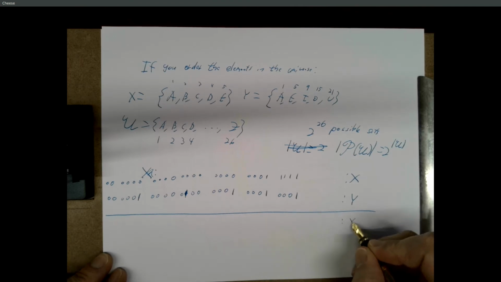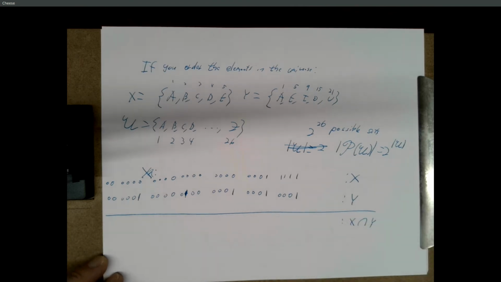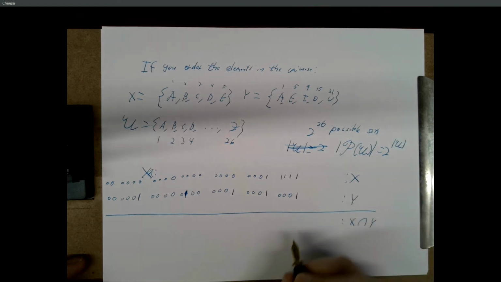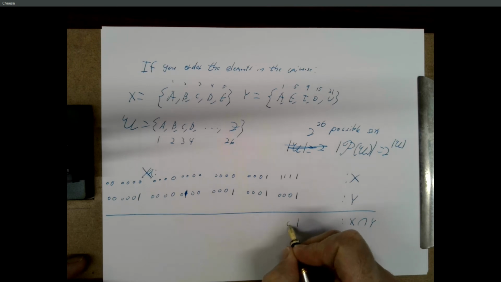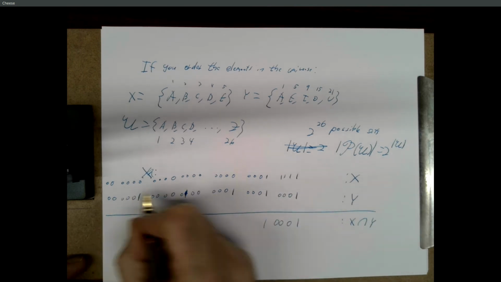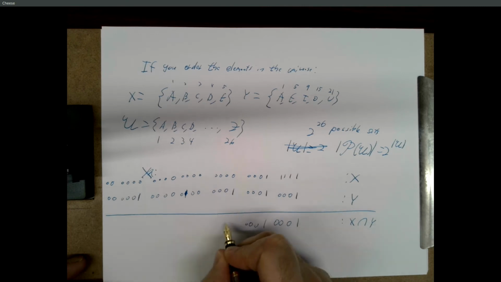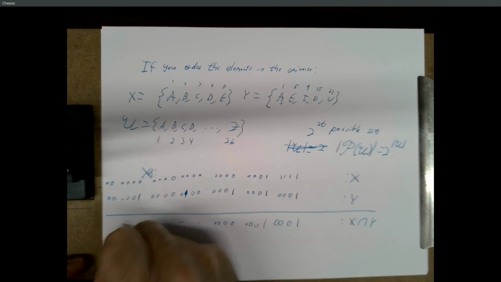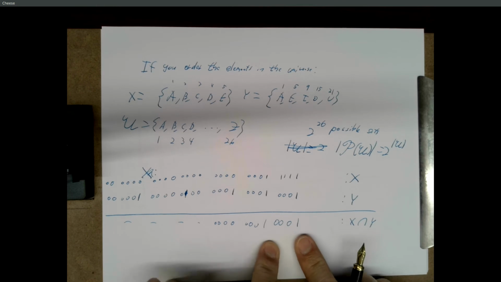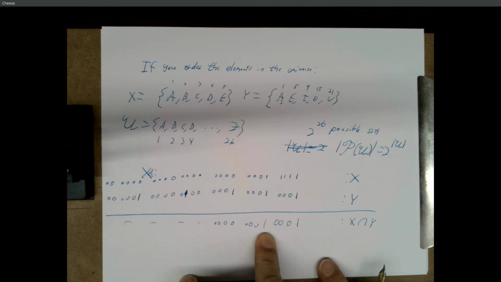And if I want to find the intersection of these, I can take the logical AND of these two bit strings. 1 and 1 is 1, 1 and 0 is 0, 1 and 0 is 0, 1 and 0 is 0, 1 and 1 is 1, and all these other numbers, I'm going to get zeros. And guess what? That bit string corresponds to the set containing just A and E. That's the intersection of our two sets.